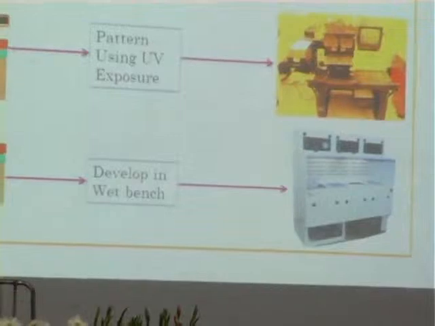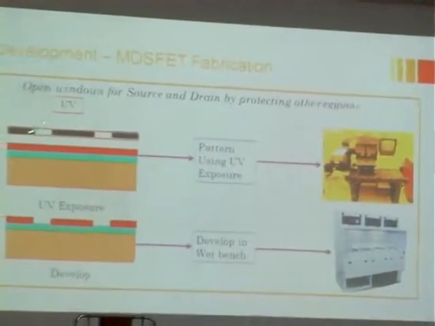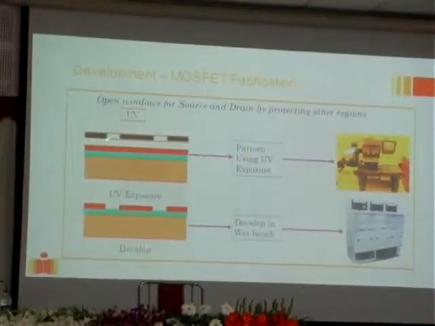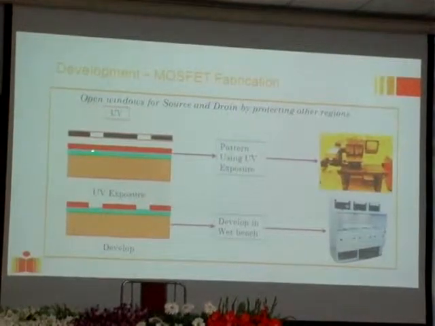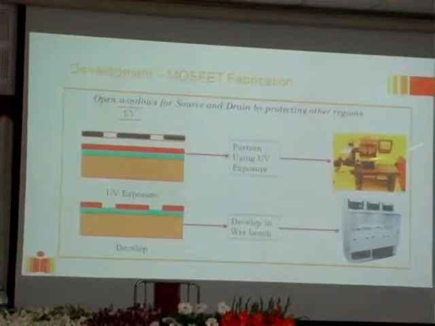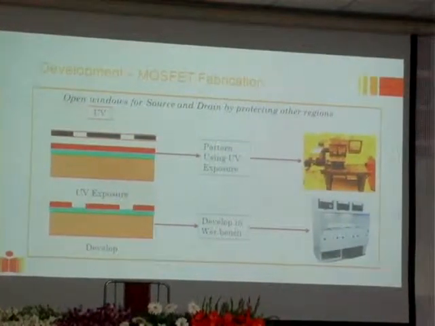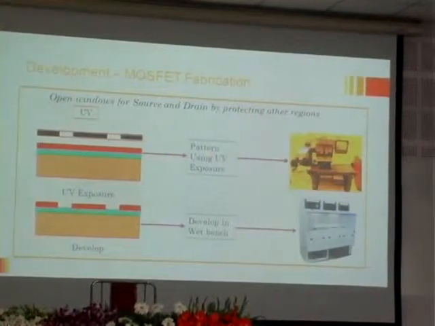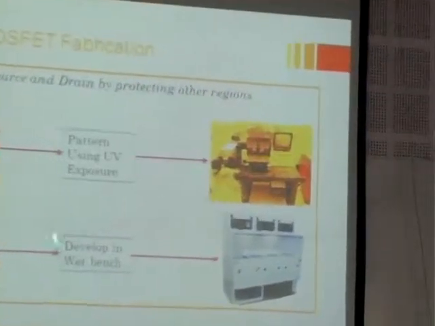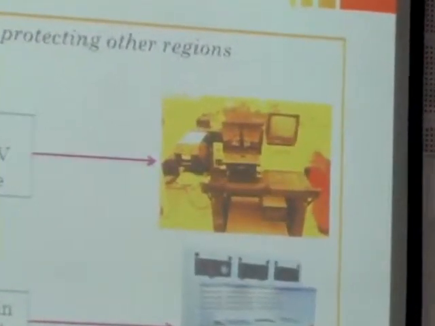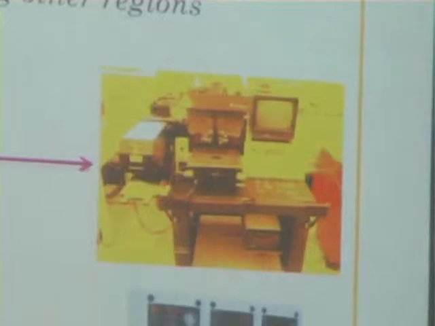You do a photoresist step wherein you expose UV light through a mask, and this pattern gets transferred onto the photoresist. The equipment required for that application is a UV aligner, and we have this equipment, which has the capability to make patterns with dimensions of the order of 1 micron.